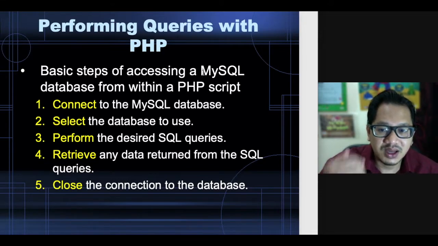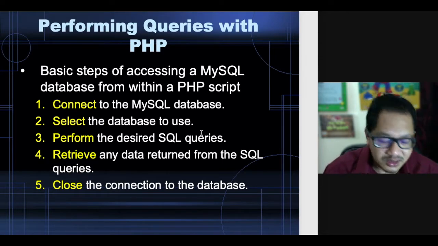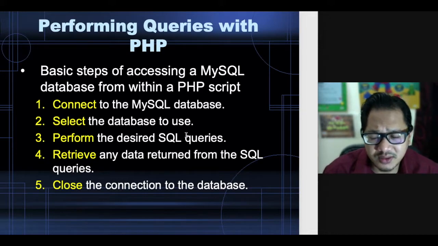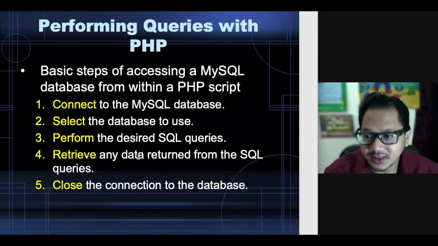Okay, once there is a connection, then we can use it. And then you need to select the database first, and then you can perform the desired SQL query. Retrieve, updates, delete and so on, everything. And then after that, you need to close the connection.